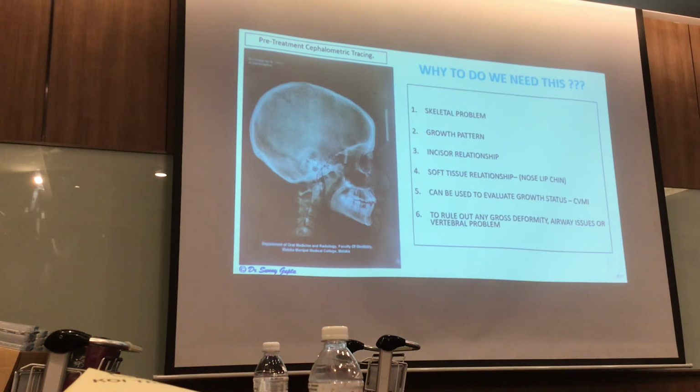So you can get this information also clinically. Then can you see in the patient whether the teeth are proclined or not? So this information also you can get clinically. Nose, skin, lip relationship is a soft tissue landmark or hard tissue landmark. So definitely you can get it in the patient clinically as well. So do you really think there is anything which you cannot get from your clinical picture? CVMI you cannot get.